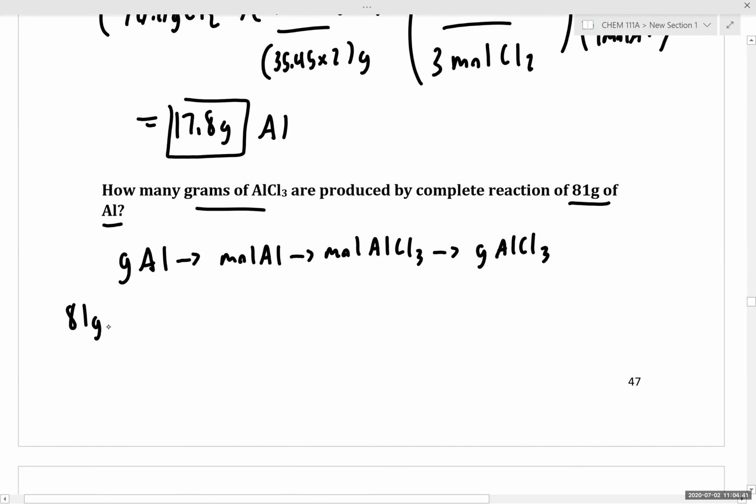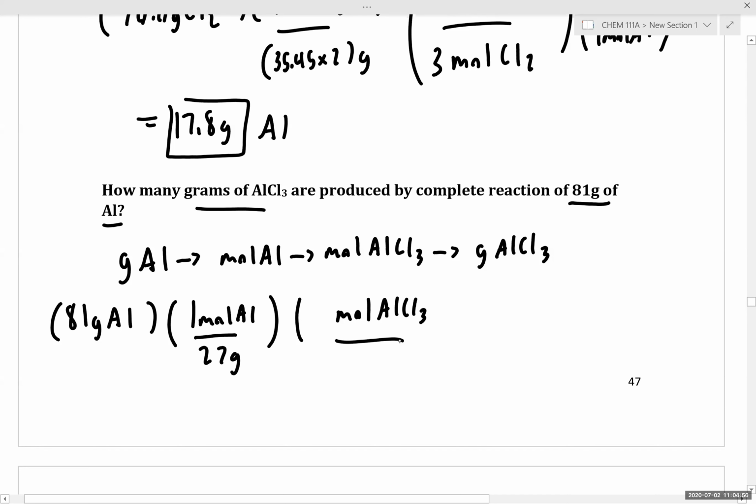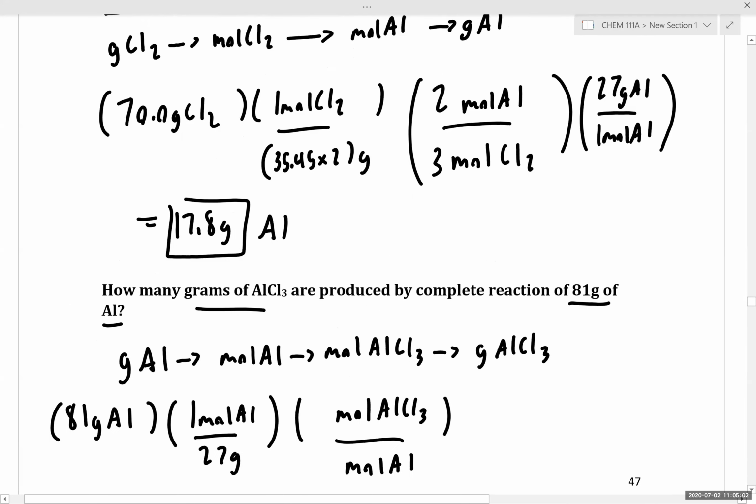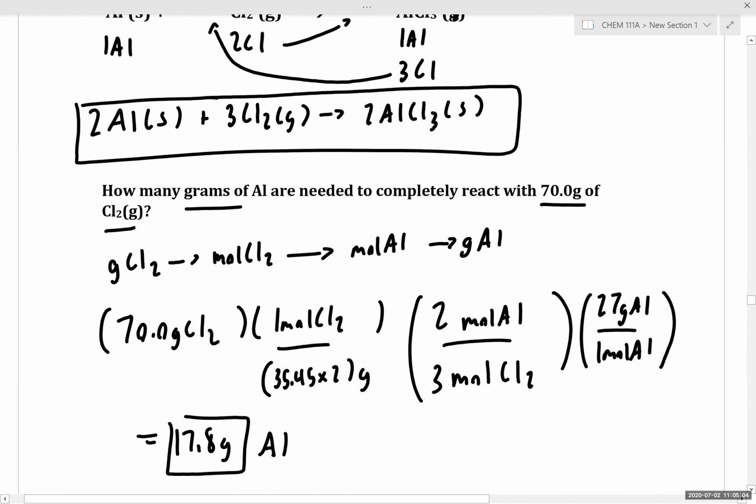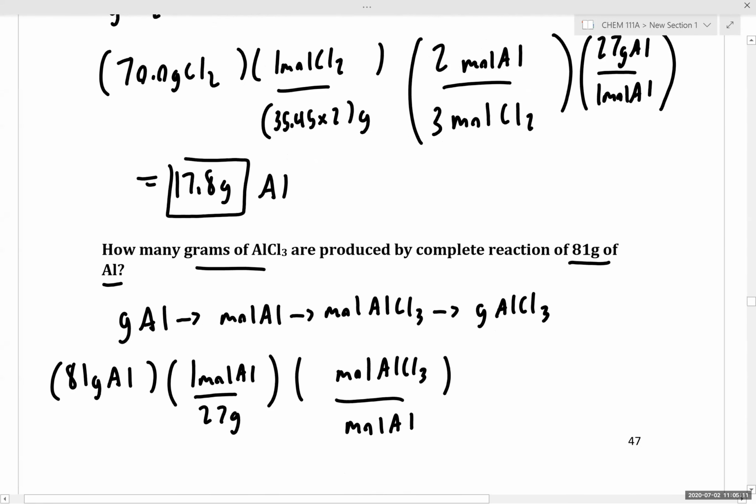So we know that if we have 81 grams of aluminum, in 1 mole of aluminum we have 27 grams. Now my question is, how many moles of aluminum chloride do we produce per mole of aluminum consumed? What's our mole to mole ratio? 2 to 2, yep.